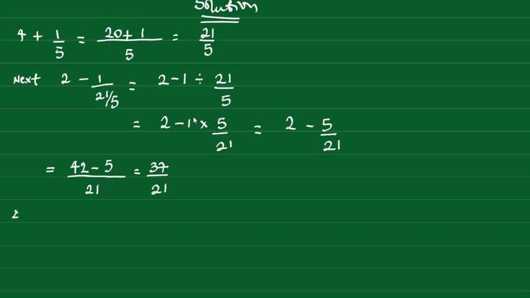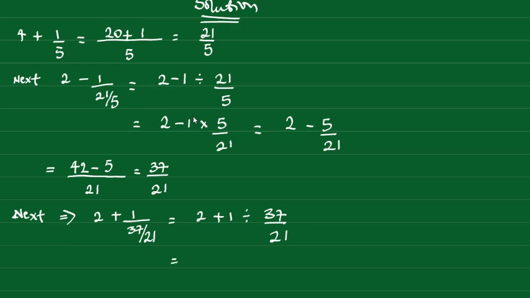So we have next, impute this into our fraction in order to continue with our solving. We have 2 plus 1 divided by 37 over 21. Now, this is the same thing as 2 plus 1 divided by 37 over 21.